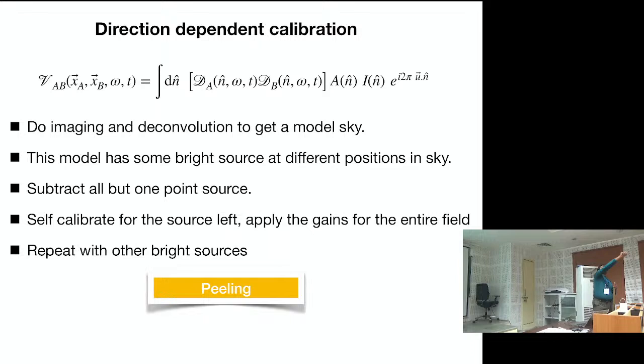Now I have to figure out the direction dependent gain from all different directions and take care of them one by one. Again, remember that the direction dependent gain is coming because there is an ionospheric stream everywhere in the sky and it is supposed to be different at every direction.